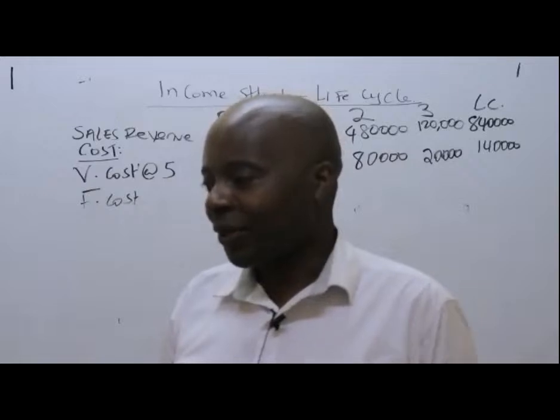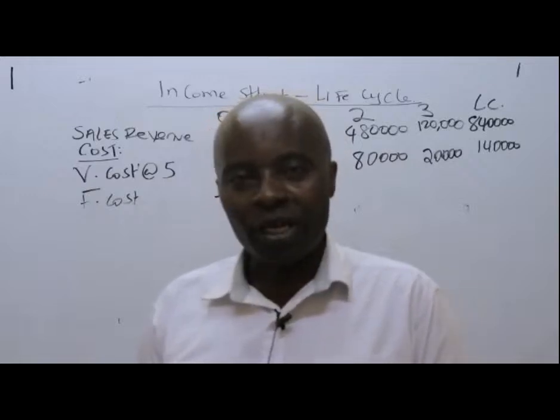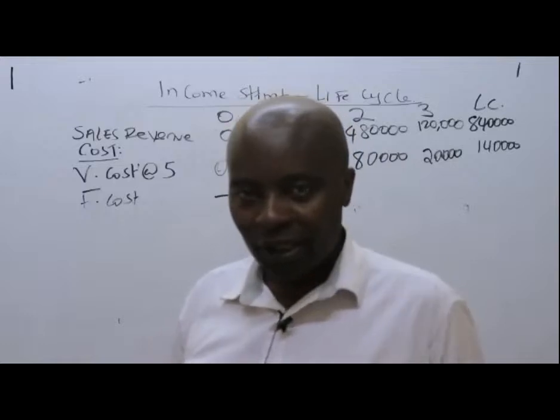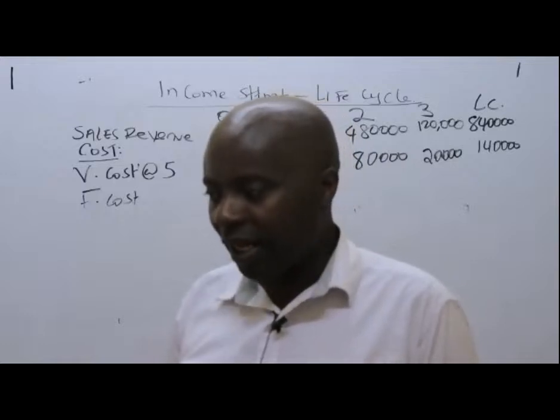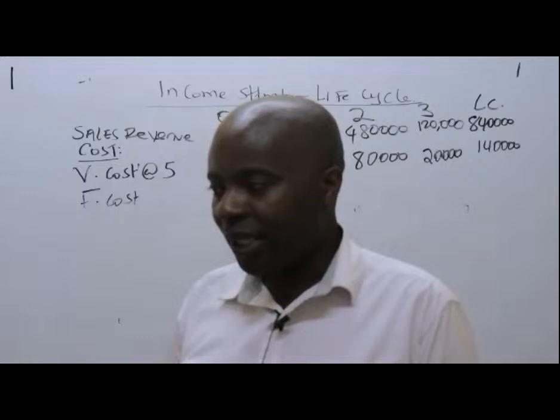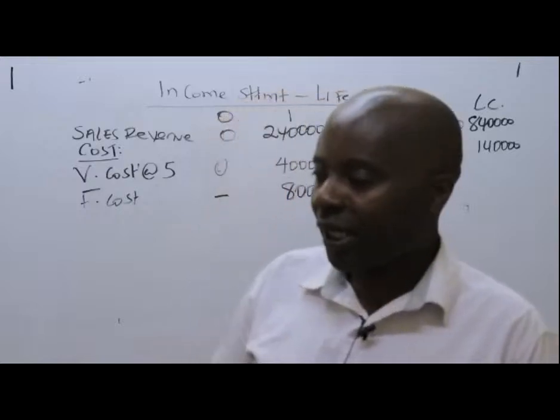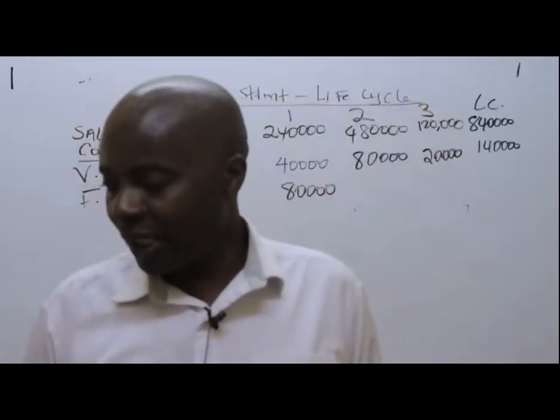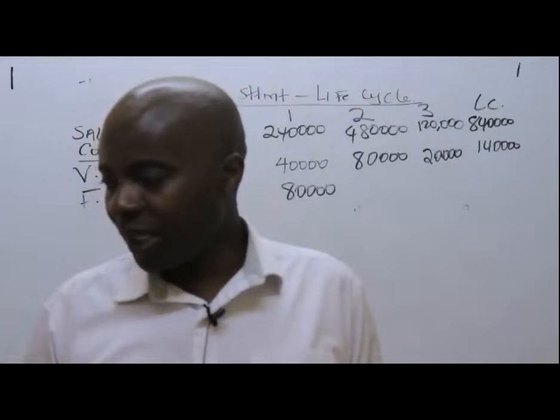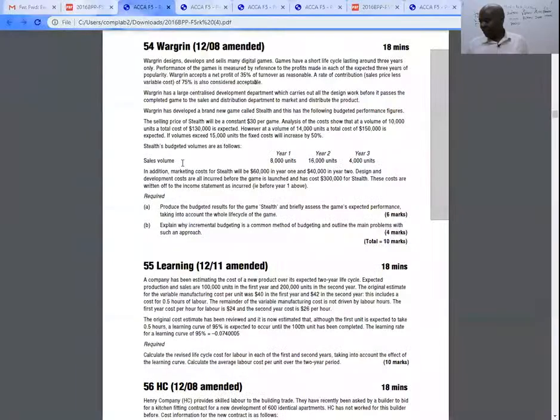Aurelia says 80,000 for all the years because according to Aurelia, fixed costs are supposed to be constant throughout, which is a very great idea. What about other students? Teresa says no, year 2 is supposed to be 120,000. Teresa has read something very serious here: at a volume of 14,000, total cost is 150,000, which is expected.